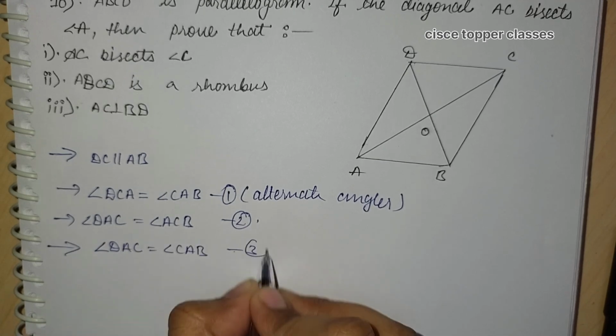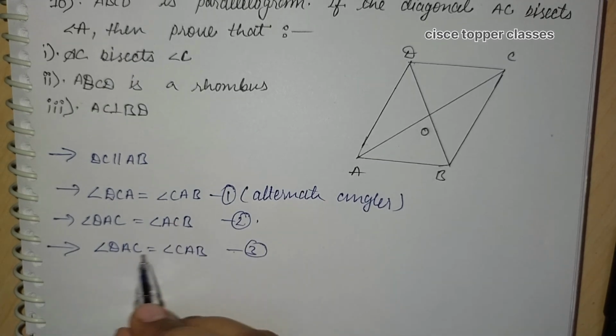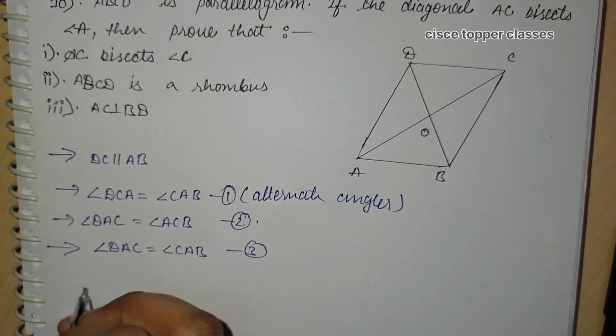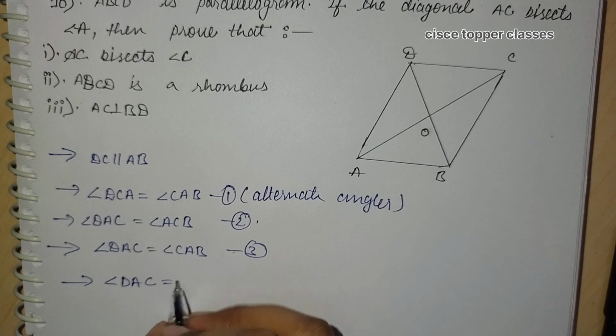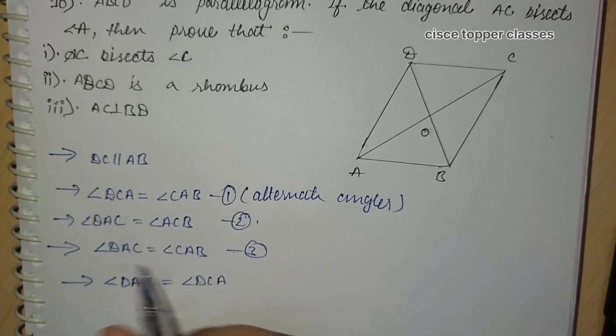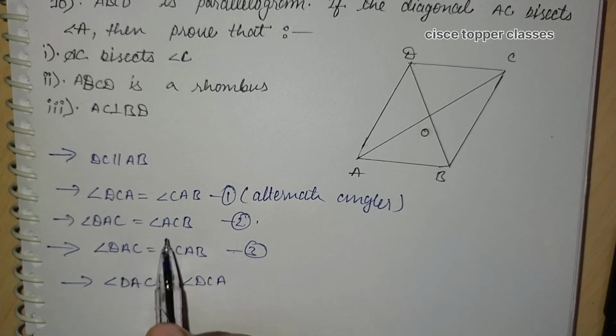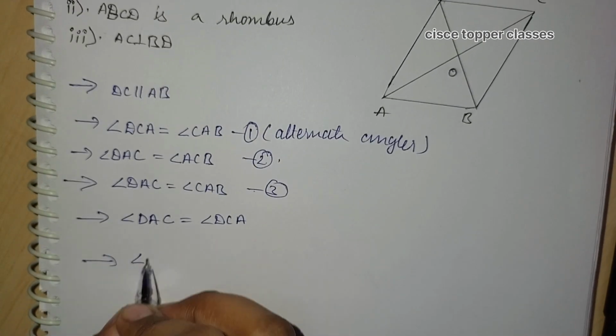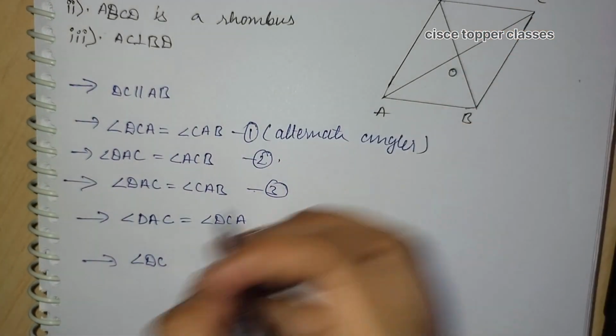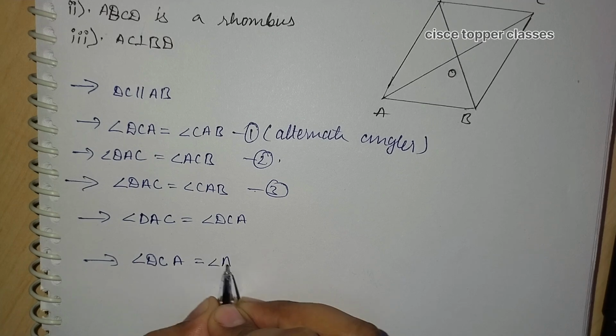As CAB is equal to DAC, this is also equal to DCA. So angle DAC is equal to angle DCA. And as DAC is equal to angle ACB, we can now write that angle DCA is equal to angle ACB.